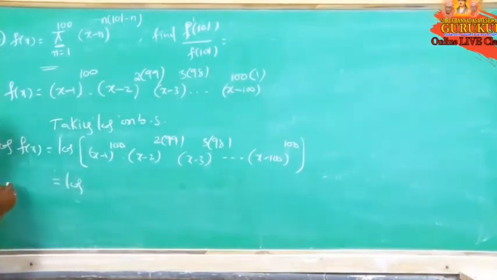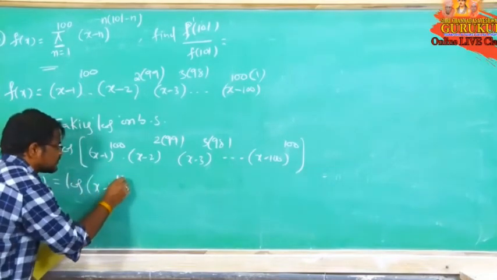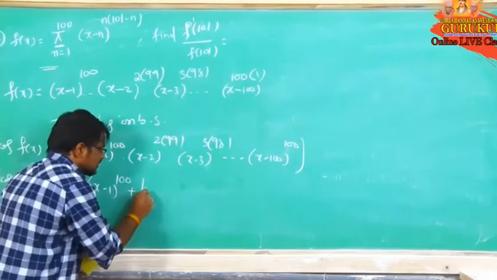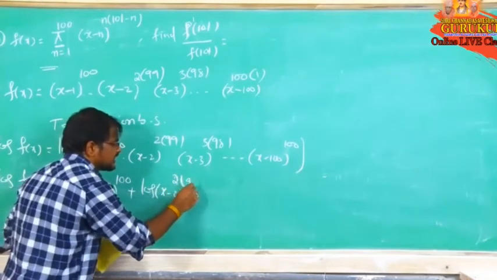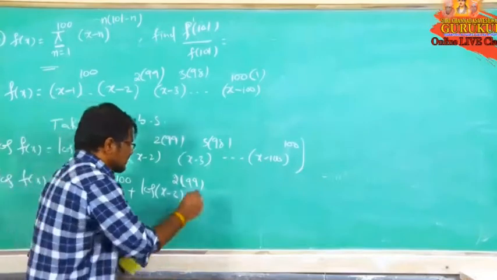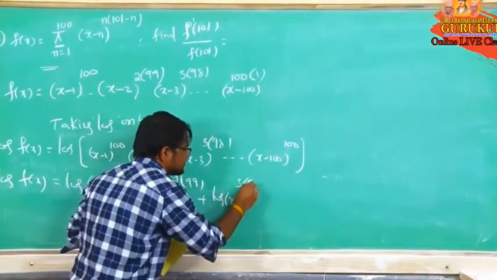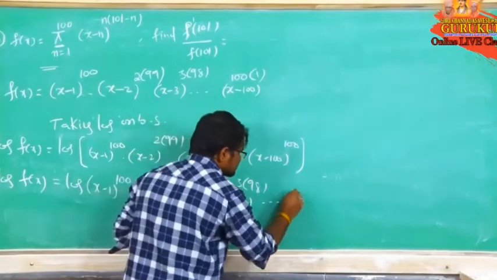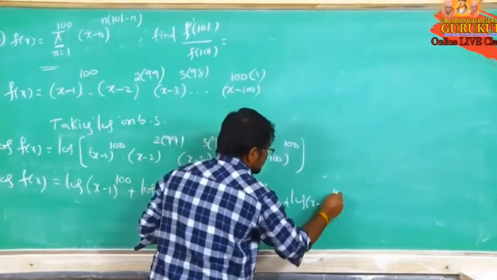That implies log of f of x equal to log of x minus 1 whole to the power of 100, plus log of x minus 2 whole to the power of 2 into 99, plus log of x minus 3 whole to the power of 3 into 98, etc., plus log of x minus 100 whole to the power of 100.